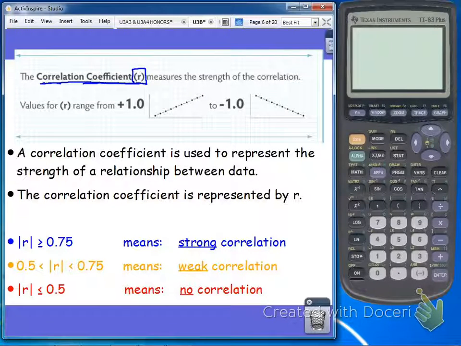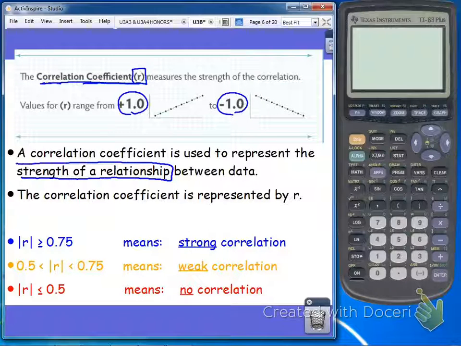R ranges from +1 to -1, and it's any value in between. So a correlation coefficient is used to represent the strength of the relationship between the data. The correlation coefficient is represented by R.